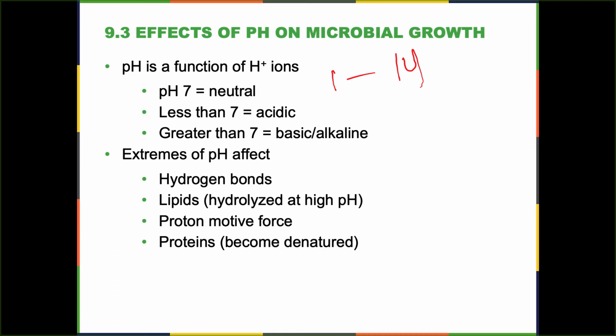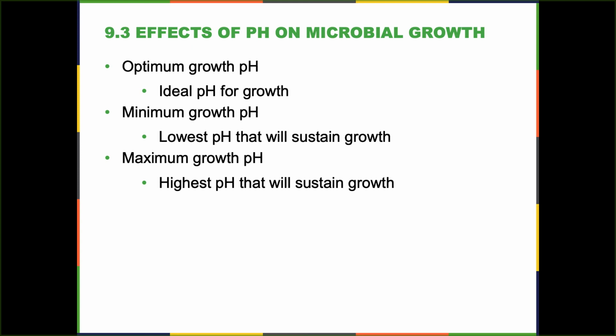So based on an organism's ability to grow in a certain pH range, we can once again define certain terms. And this is going to sound like what we just talked about, right? We have our optimum growth pH, a minimum growth pH, and our maximum growth pH. This is pretty straightforward. I don't think we need to spend too much time talking about it.